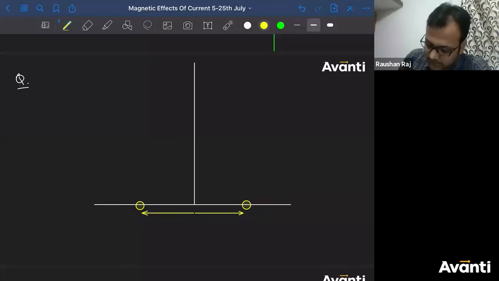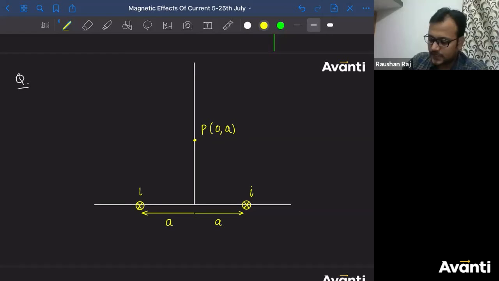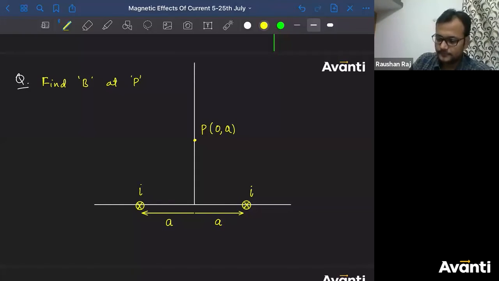All right. Here direction is into the plane. Here direction is into the plane. There is a point P at a distance of, so I'm giving this 0, A. This is A, this is A. Current is I, current is I. Find B at P. Let me know if you need any other information, but this is it.